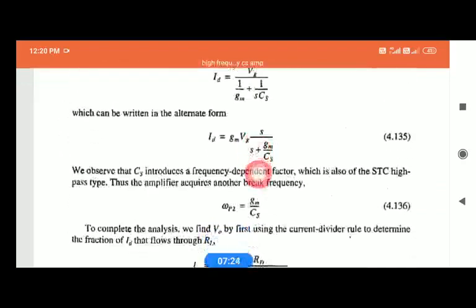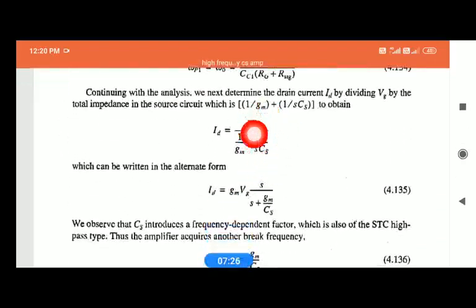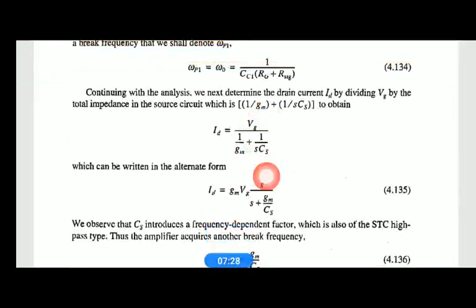So therefore ID is Vg divided by 1 by Gm plus 1 by sCs, right. If you derive this equation, we multiply the numerator and denominator by Gm into s.